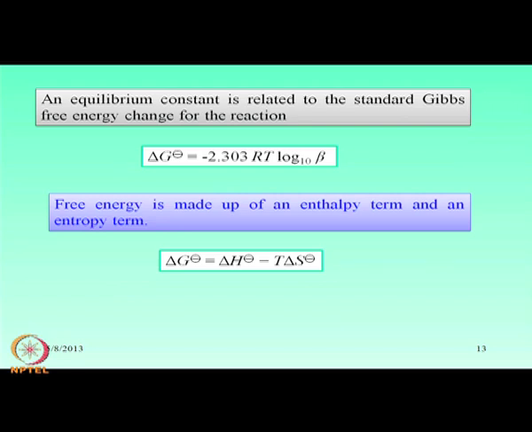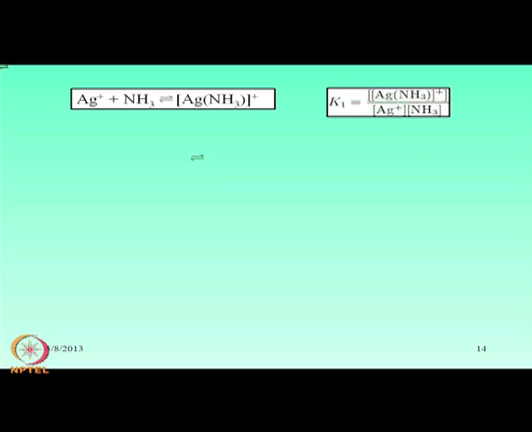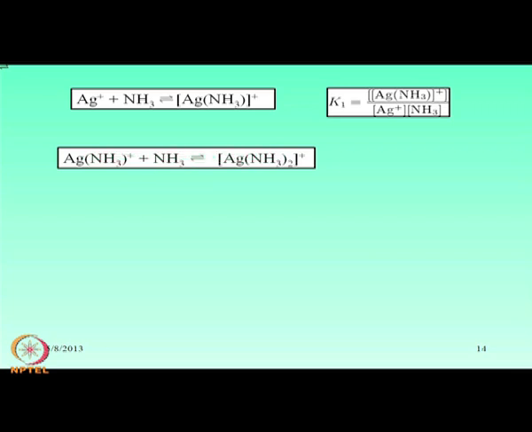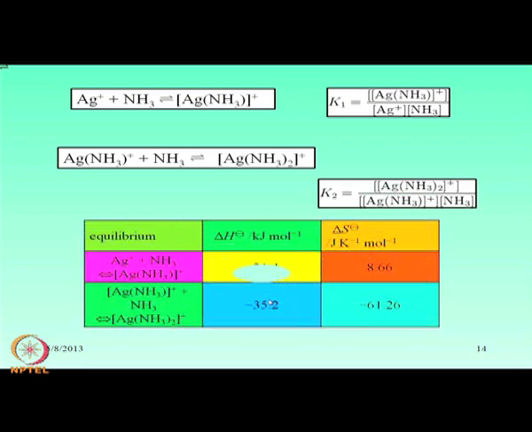So, these values basically can give us some idea for the corresponding silver amine complex, where we get the corresponding K1 value, as well as the values for the second step. So, we get both K1 and K2 values for these cases and the different values for the equilibrium as well as the enthalpic contribution and the entropic contribution.